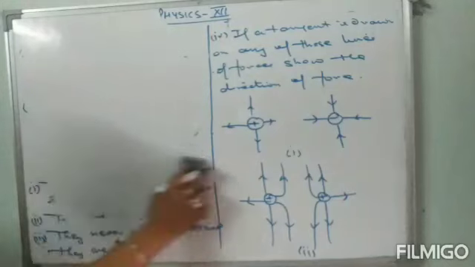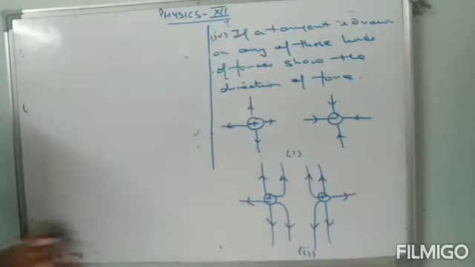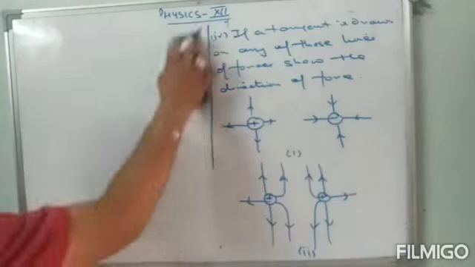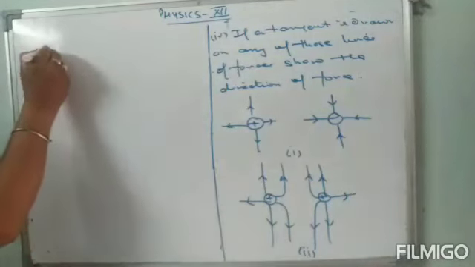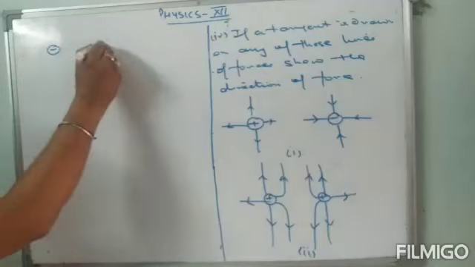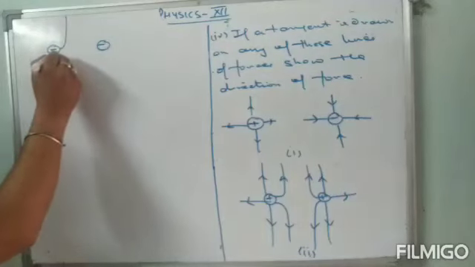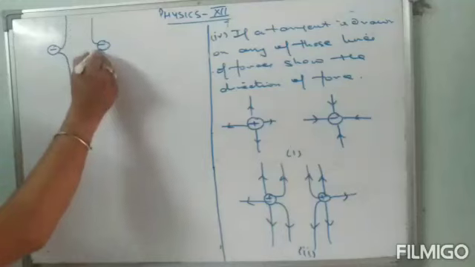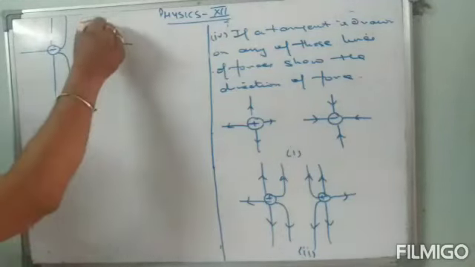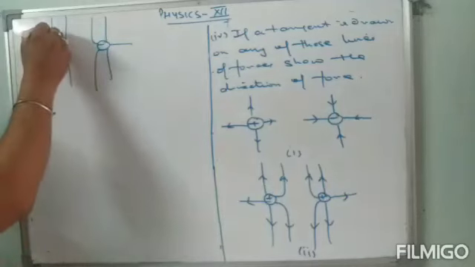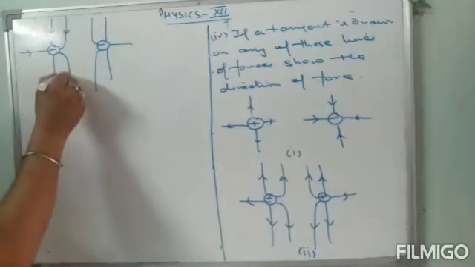The third diagram. I've taken both negative charges, lines of force will come towards the negative charges.